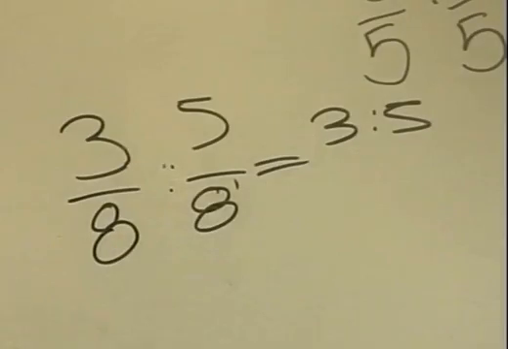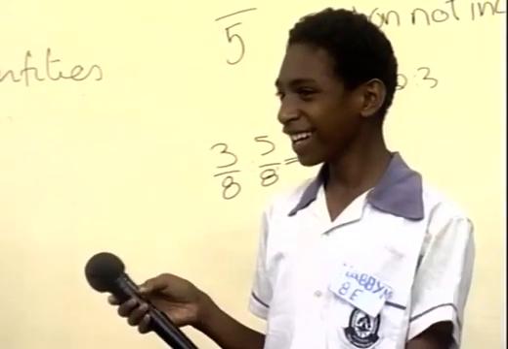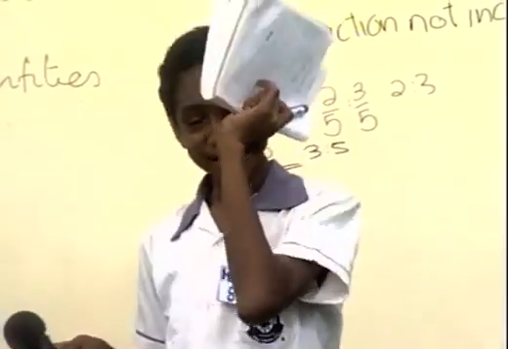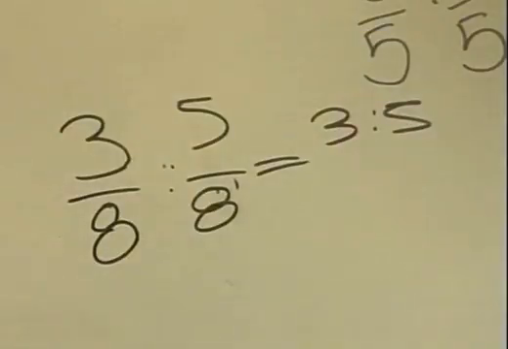Don't feel scared. You explain to the class your working out. The denominators are the same, so I put my answer 3/5. Is he correct in saying that? What must he have said? 3:5. Let's go through the answer and working out together on the board.